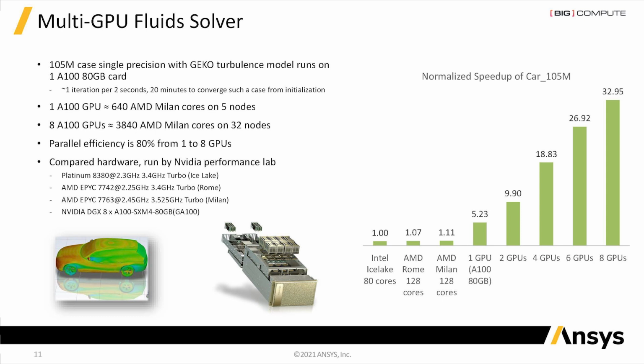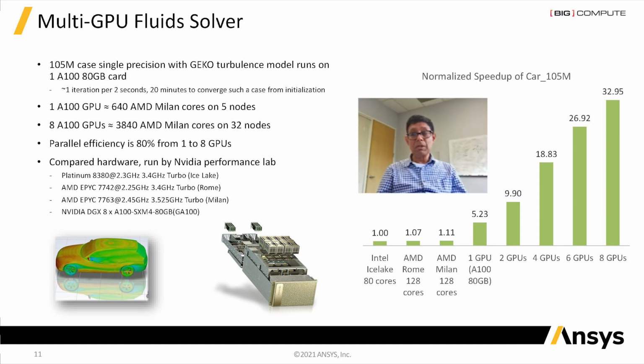This is the same approach, but each of those regions goes into a GPU. So this is a multi-GPU implementation, leveraging the fluid solvers in the Discovery software. The results on the right show speedups of up to 32 times using an 8 GPU NVIDIA A100 card.